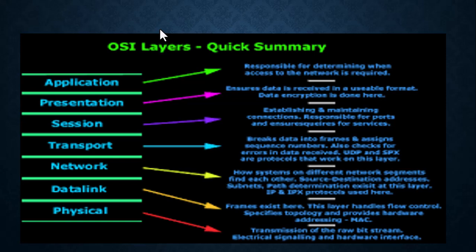Addressing done in the network layer is called logical addressing. Every computer in a network has a unique IP address. As the network layer deals with data delivery, this layer assigns an IP address to each data packet so that each data packet can reach the correct destination.